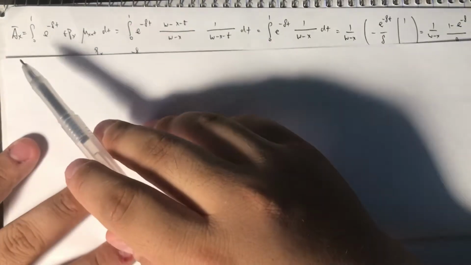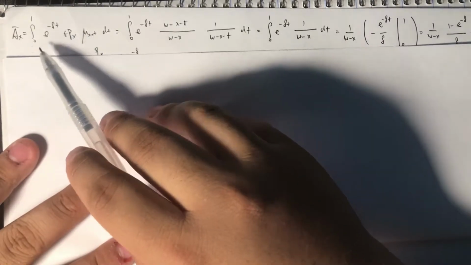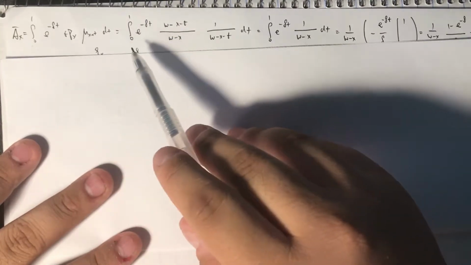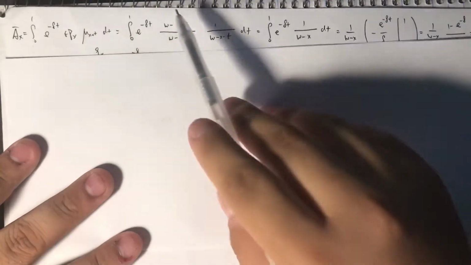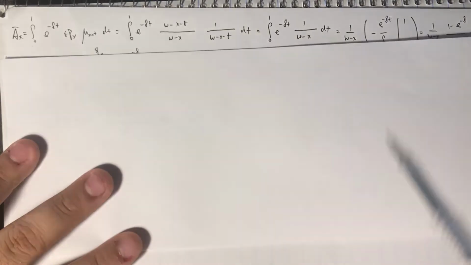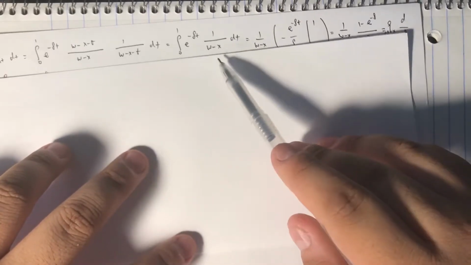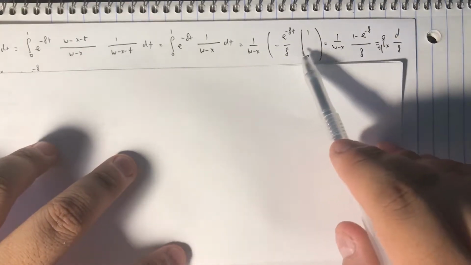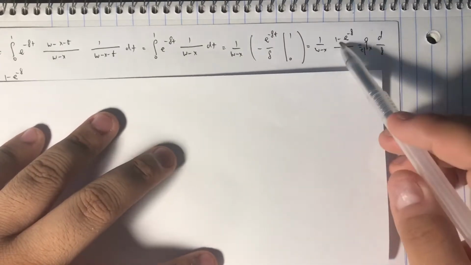So let's look at continuous 1-year term insurance. This is the formula, and under the assumption that death is uniformly distributed, at least over 0 and 1, the numerator and denominator can be cancelled for the tPx and the force of mortality, and we get 1 over W minus X. Since it's free of T, we can take it to the front, and we take the integral, and we get (1 minus e to the power of negative delta) over delta, and this is just d.